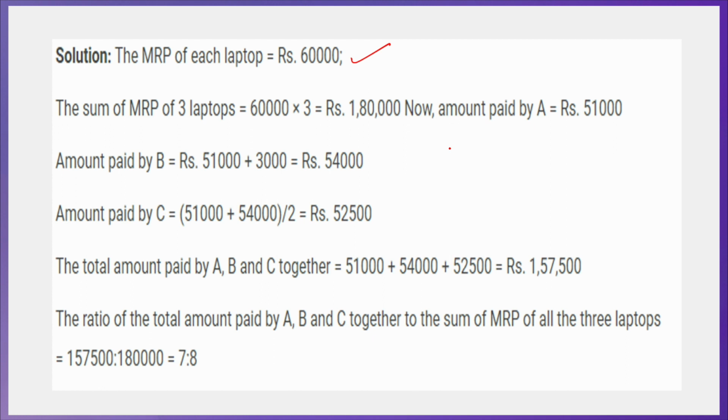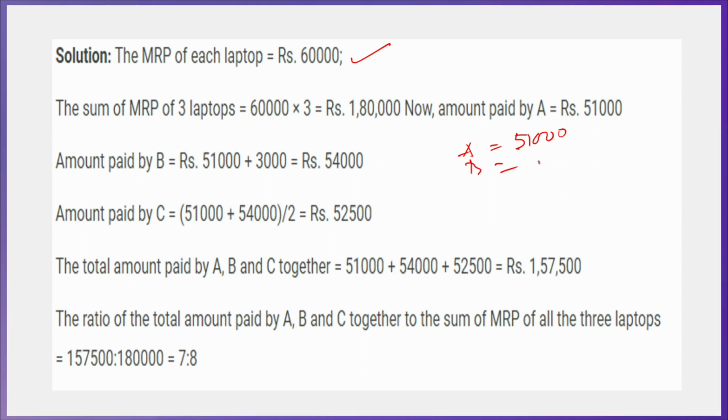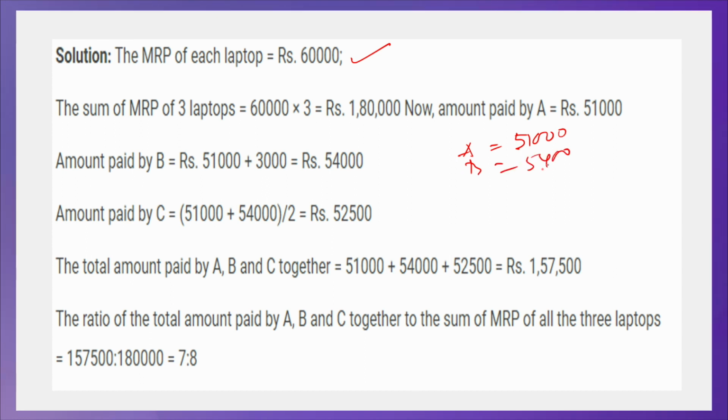A paid 51,000 and B paid 3,000 more, means 54,000, and C paid the average of 51,000 plus 54,000 divided by 2, means 1,05,000 divided by 2, that is simply 52,500.